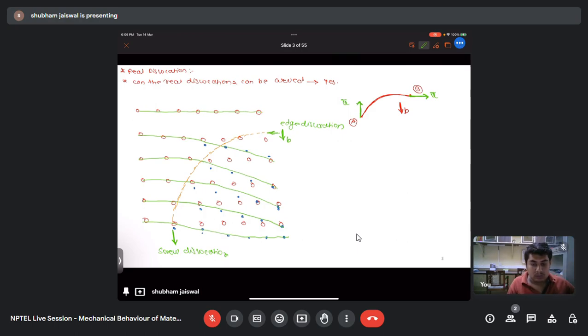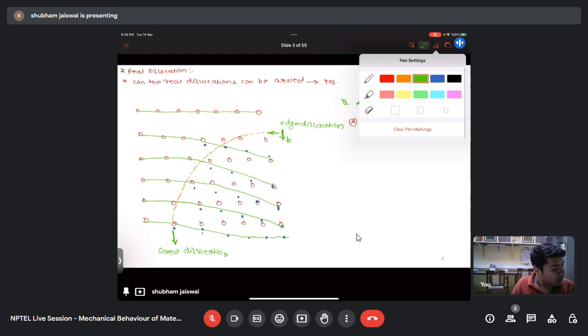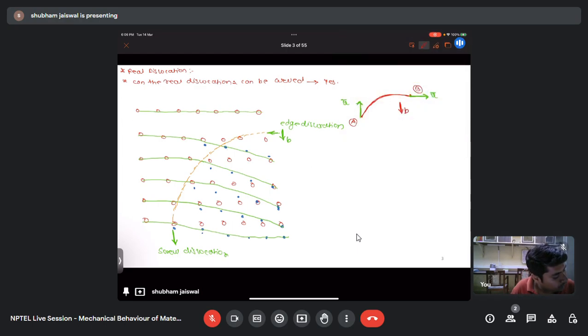So now we can say that at point A, U is parallel to the Burgers vector. That is, the line vector is parallel to the Burgers vector. So this is nothing but a screw dislocation.